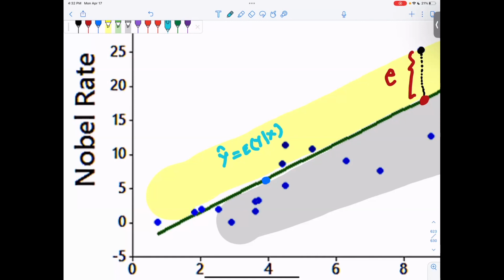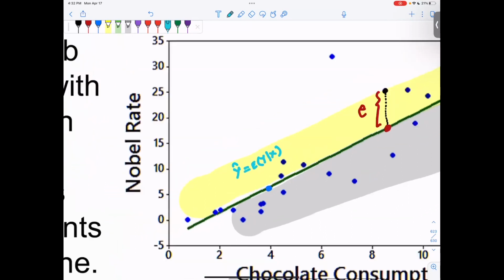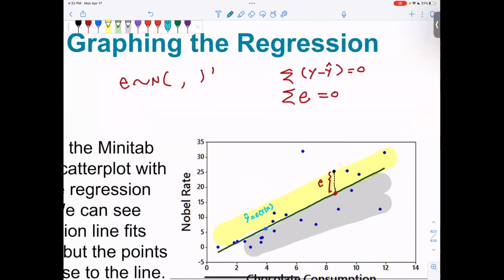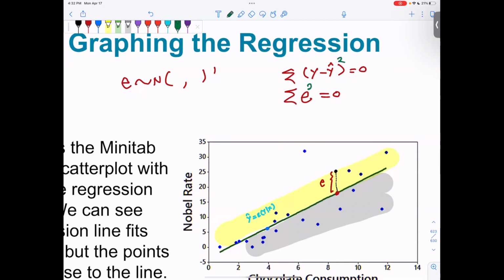But since this error could be positive, negative, or zero, when we add up those errors, we will get zero, because the negative values will cancel out with the positive values. So what can we do to eliminate the negative values? Just square.